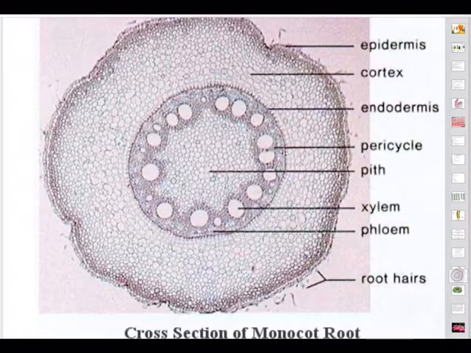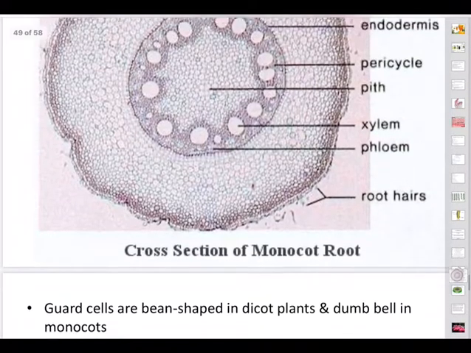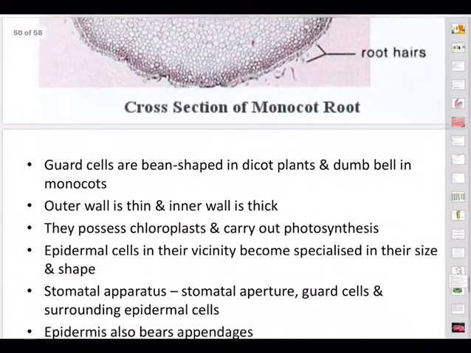And pith is responsible for flexibility, and between the pith and pericycle you can see the presence of vascular tissue. Vascular tissue consists of vascular bundles. A vascular bundle consists of two permanent tissues, xylem and phloem. So this is how a TS of root appears under the microscope.